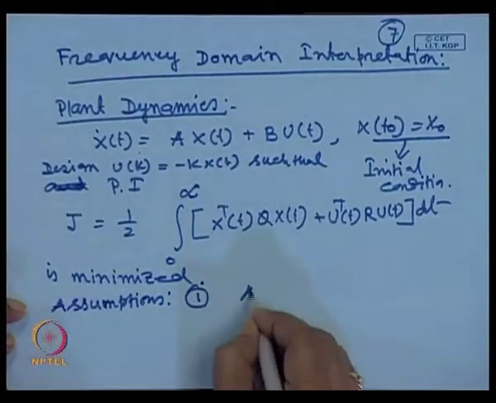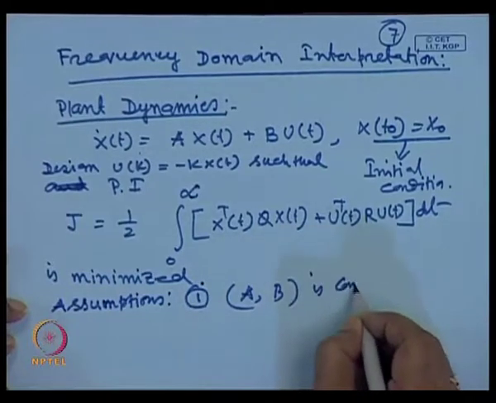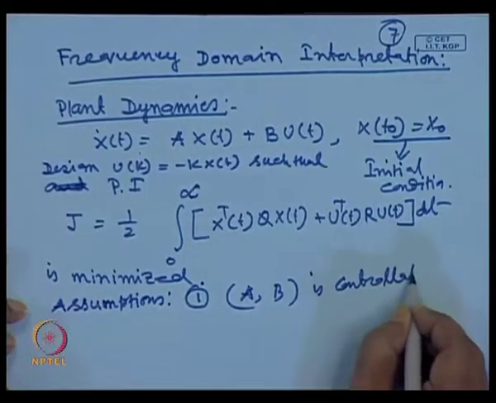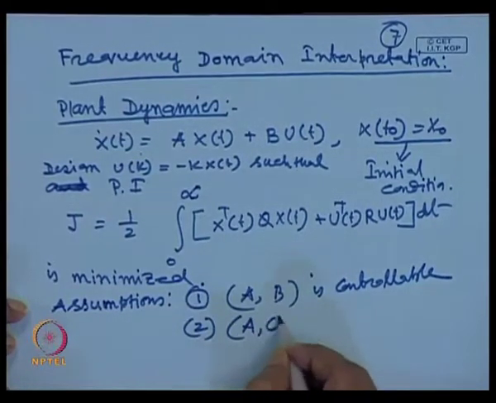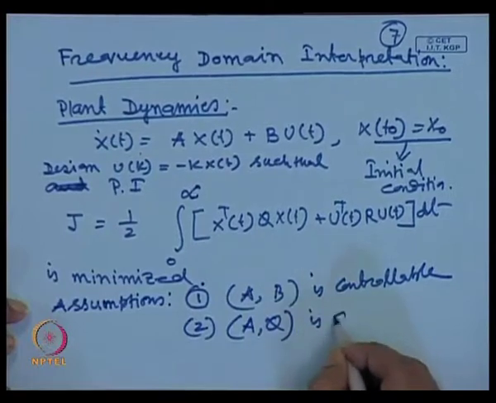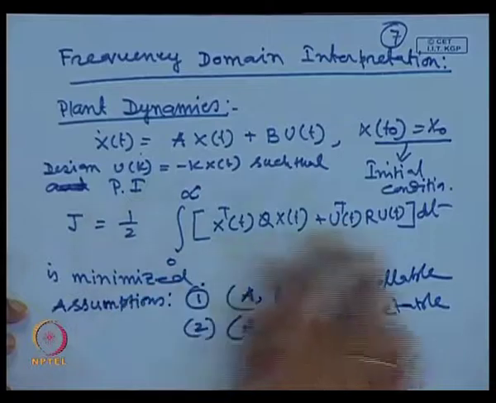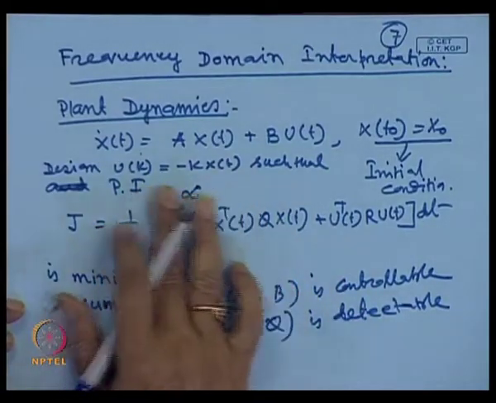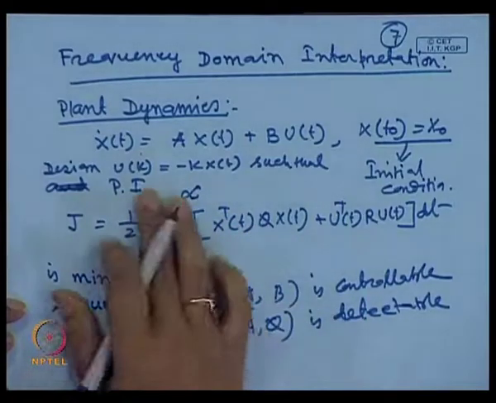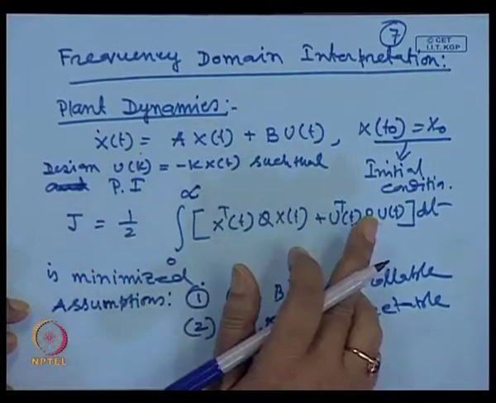One, A and B is controllable or at least stabilizable. Two, A and Q is detectable. These two conditions we have to check. Once they are satisfied, we go for designing the controller u of t, and K can be found by solving the algebraic Riccati equation.